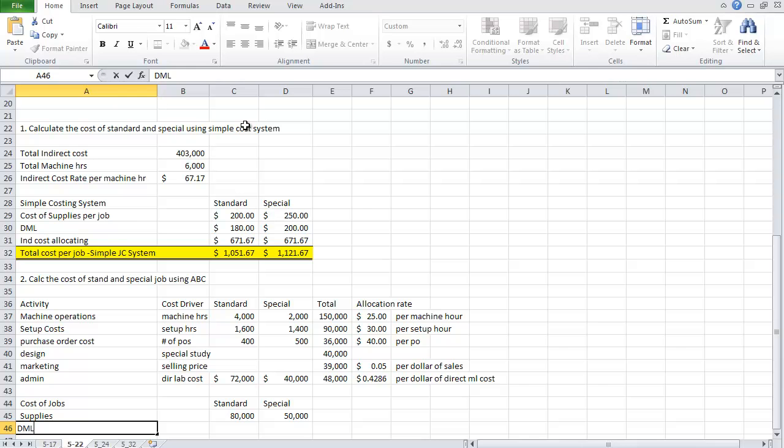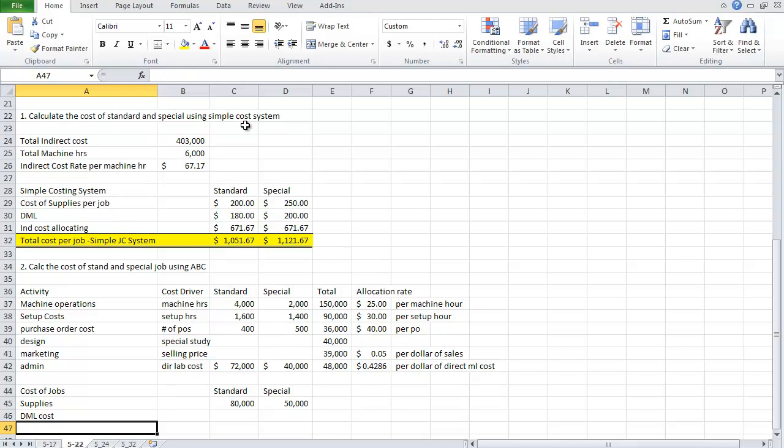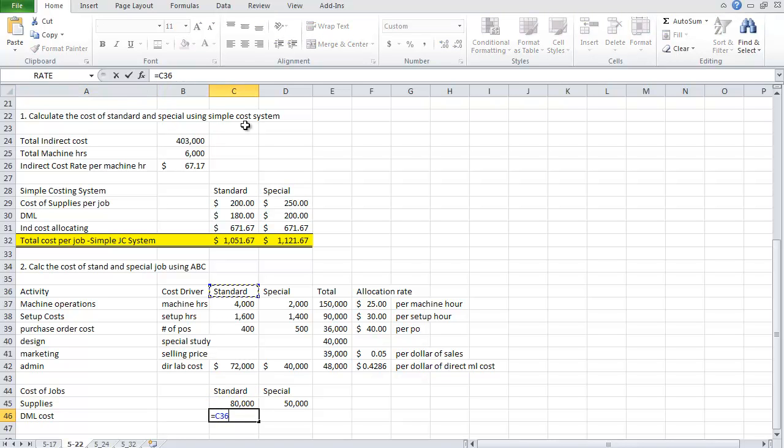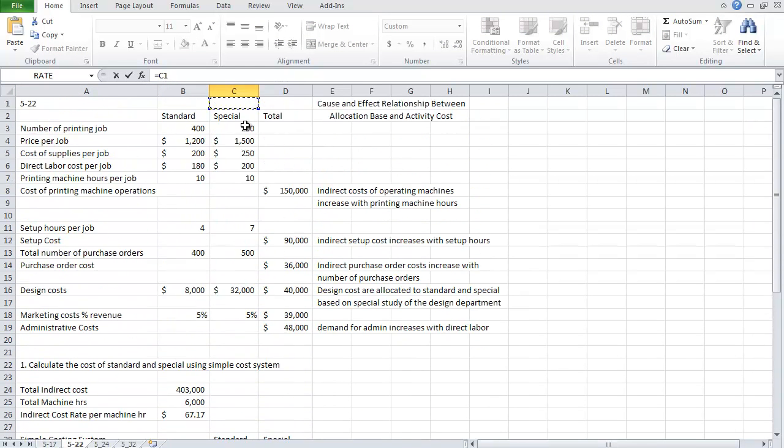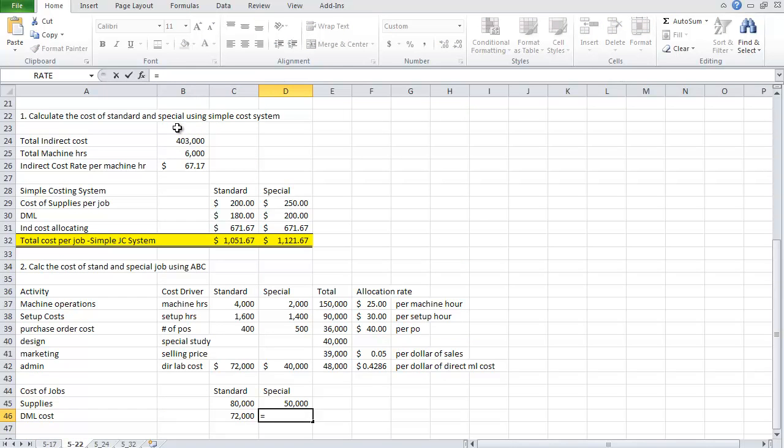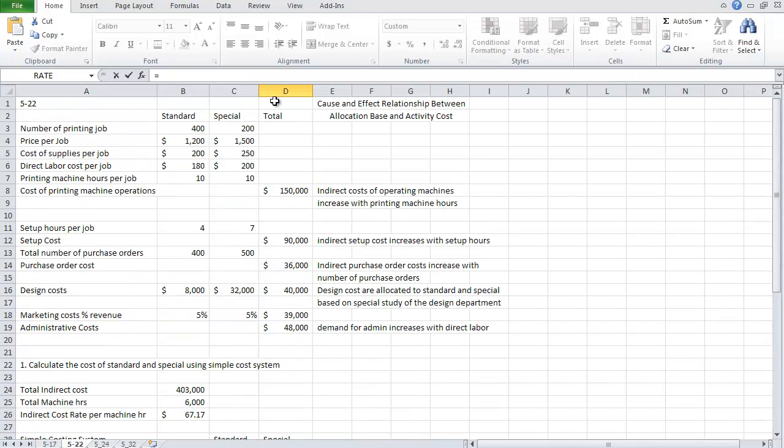Direct manufacturing labor. So what do we know about this area? This area again is the same. We know that we have $180 times the 400 jobs. In this area we have $200 times the 200 jobs.